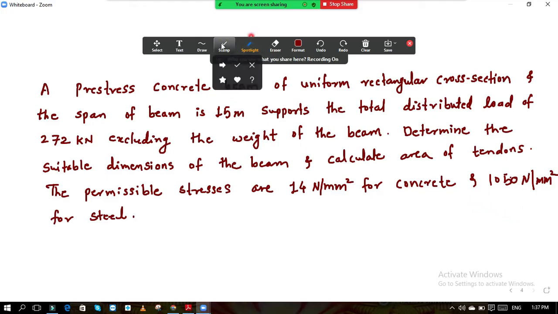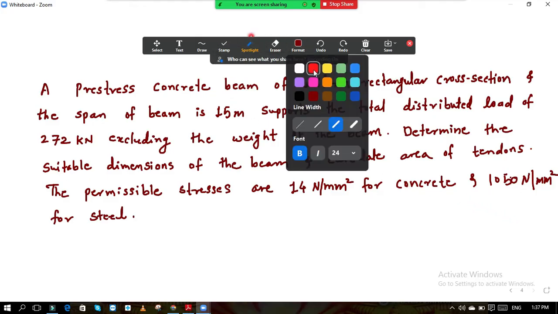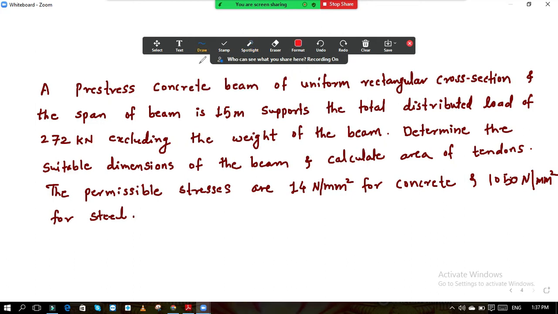Okay, so now we will solve this. First of all, what is given? L is equal to 15 meter. Span is given to us. Then Fc, stress in concrete, 14 Newton per mm square. Allowable stress Fs, 1050 Newton per mm square.